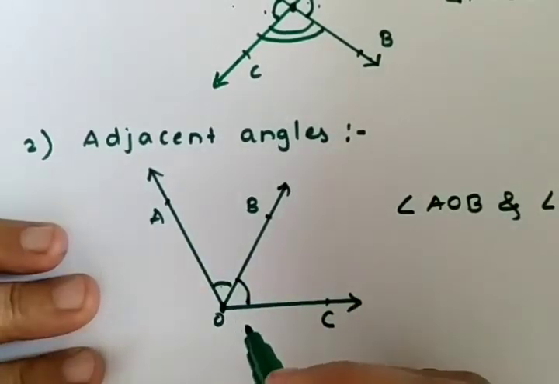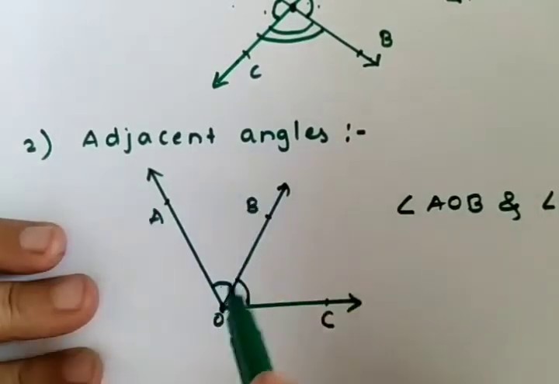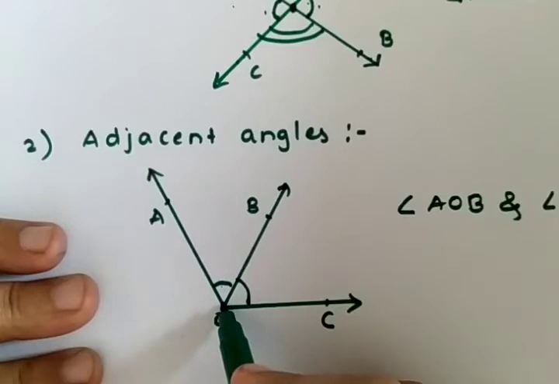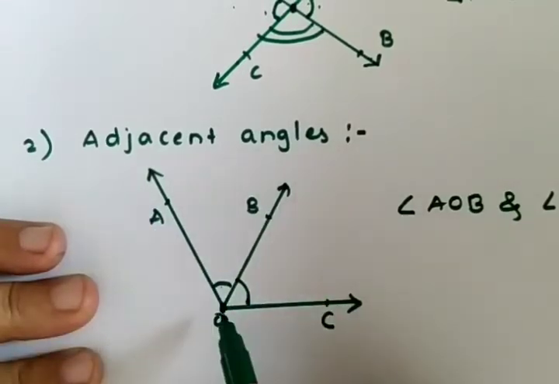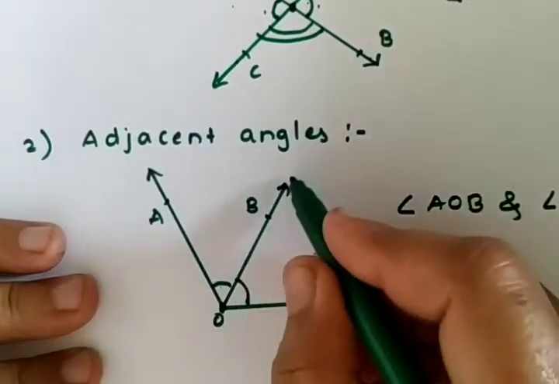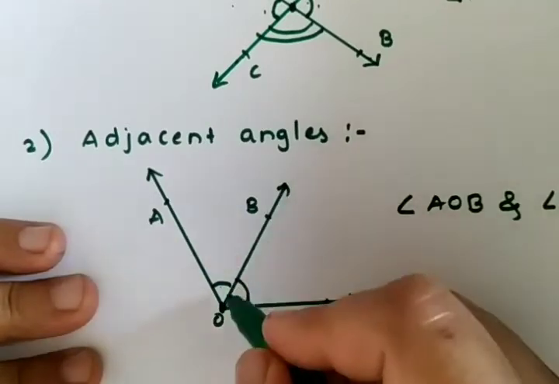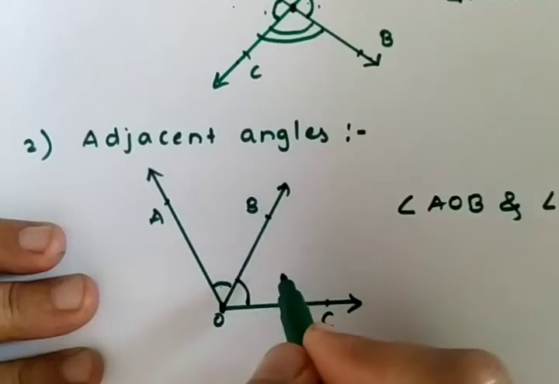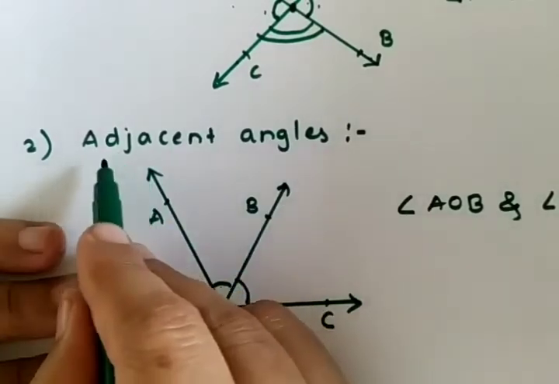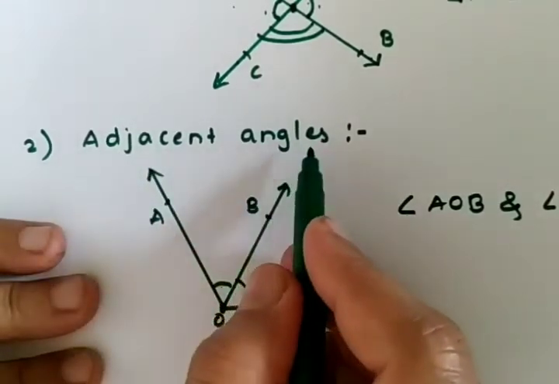Why are these angles said to be adjacent? What are the properties of adjacent angles? They have a common vertex. In AOB and BOC both have a common vertex, that is point O. And one more thing, they have a common arm. You can see here OB is common in both. So these types of angles are said to be adjacent angles.